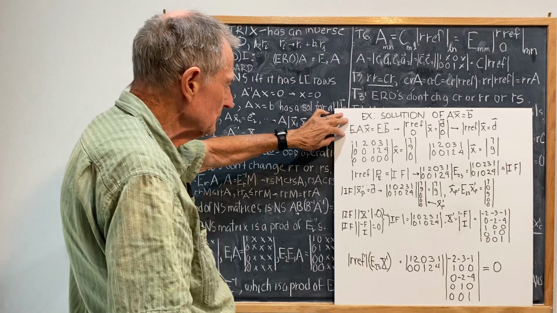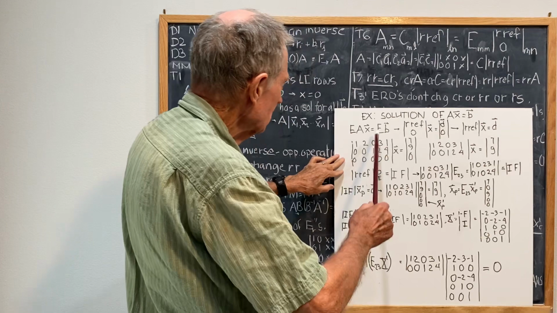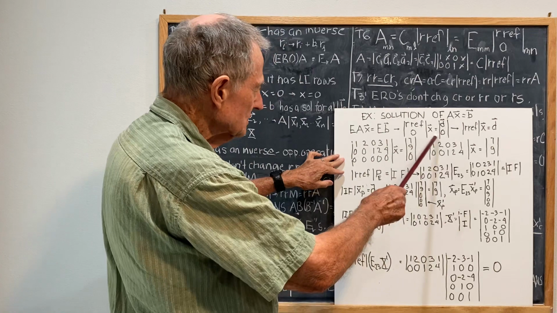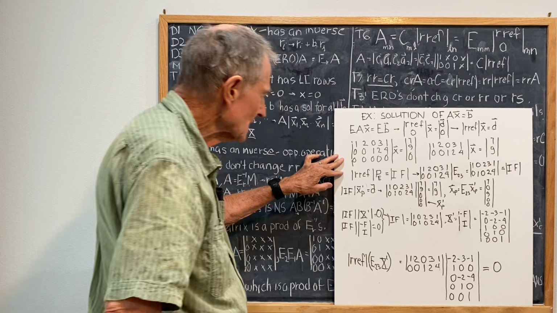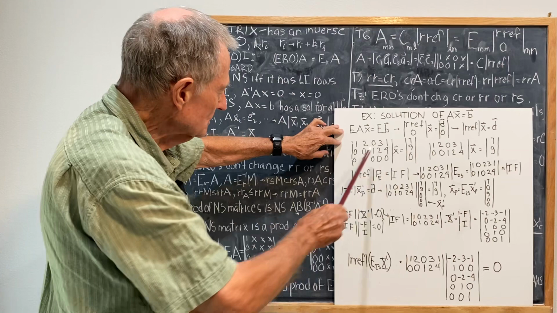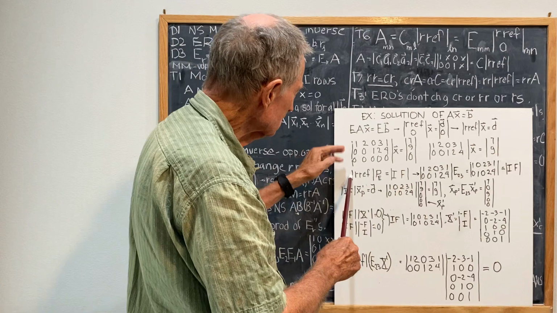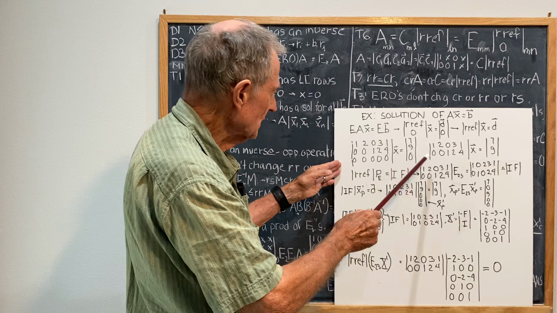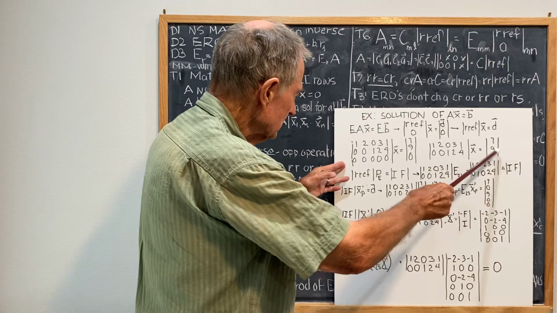Solution of AX equals B. The solution of AX equals B is the solution to EAX equals EB, and that becomes RREF 0 X equal to D 0, which is exactly the same solution as RREF X equal to D. The RREF 0, for example, could be this, with D equal to 7, 9, 0. And that's exactly the same solution as RREF X equal to 7, 9.